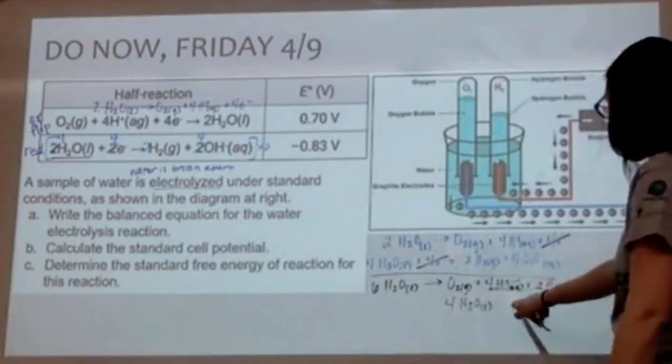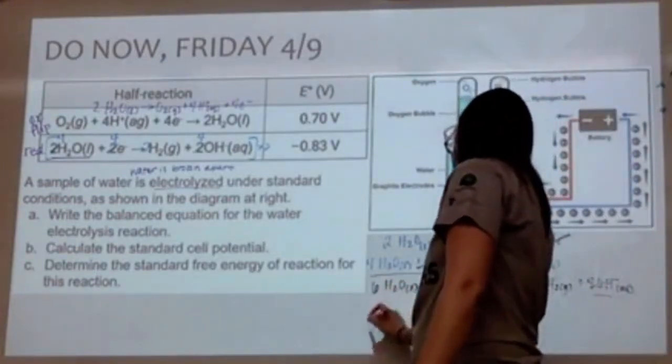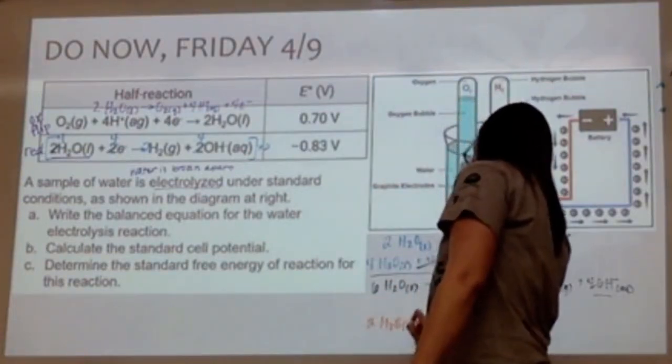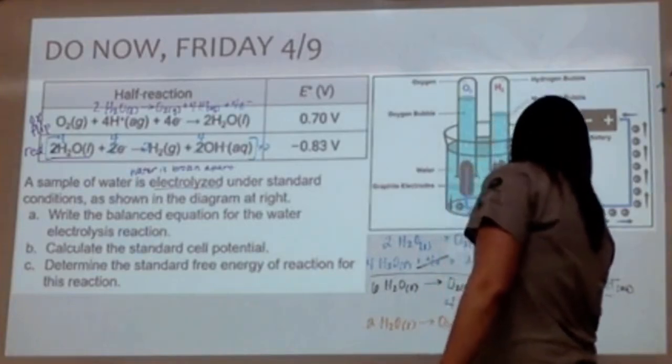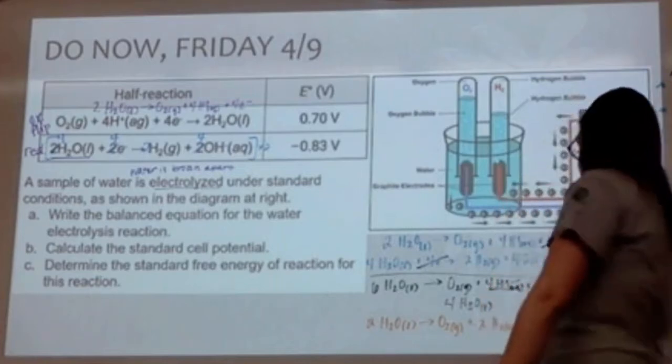So if I have 4 H2Os on the right now and I have 6 on the left, I can cancel 4 of them out and get 2H2O liquid yields O2 gas plus 2H2 gas.